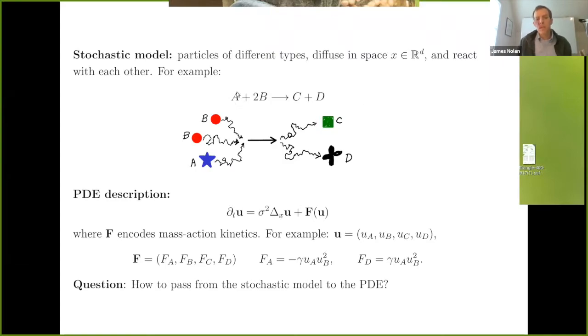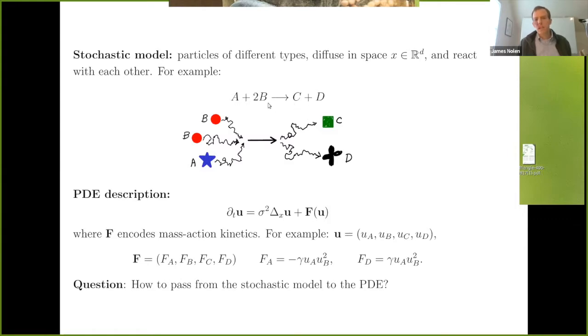So I'll use the common chemical reaction notation to indicate, in this case, a molecule of species A can react with two molecules of species B to produce a molecule of type C and one of type D. And so when this occurs, the molecules of A and B vanish, leaving C and D.